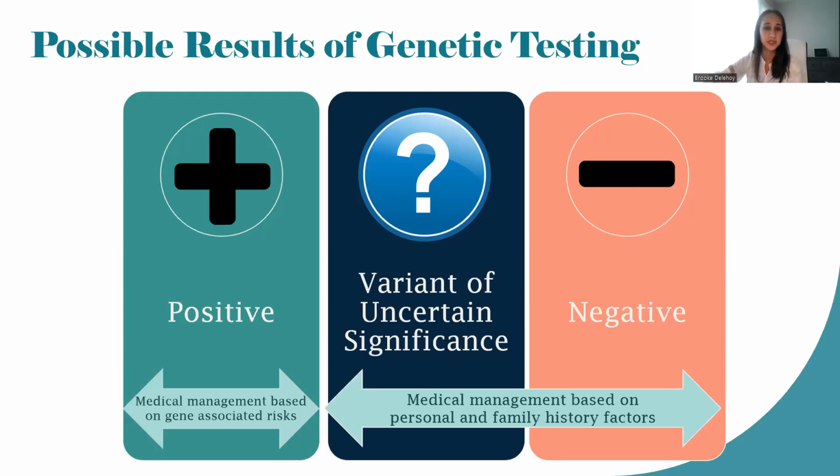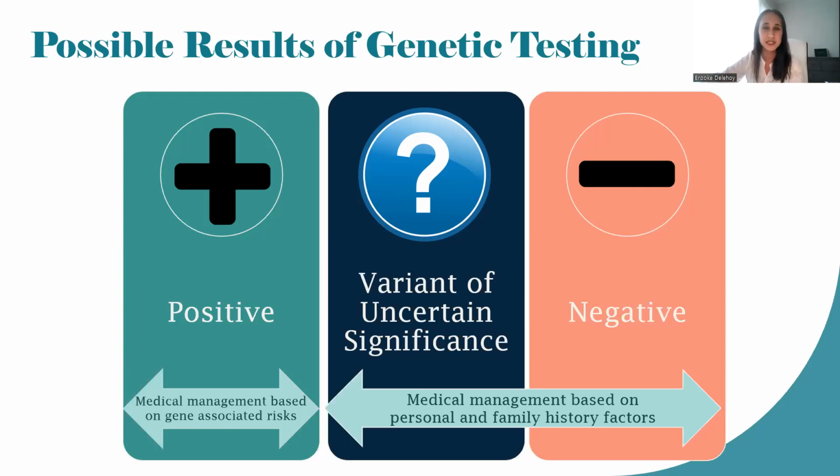Want to mention specifically that middle test result, a variant of uncertain significance. When I say that during my patient sessions, I always get a chuckle from patients because of course, there is some uncertainty there. We abbreviate a variant of uncertain significance as VUS for short.